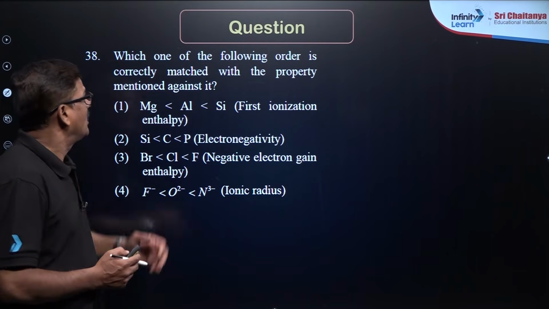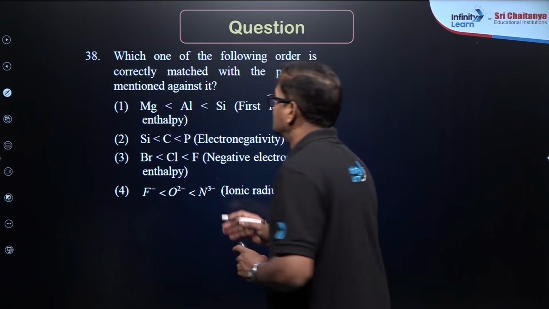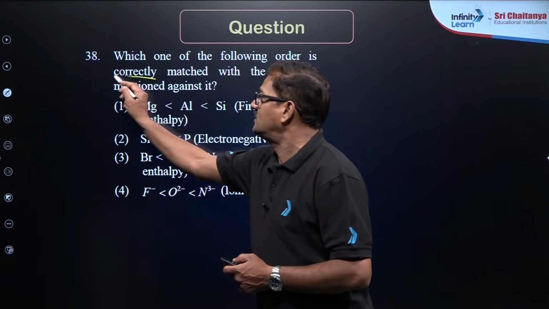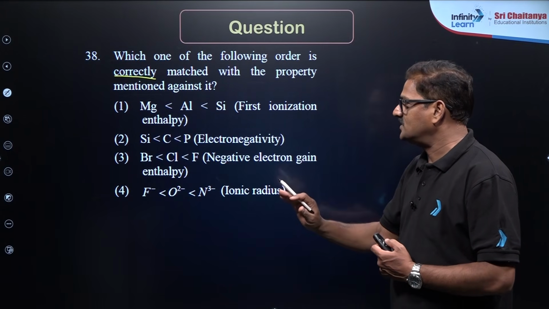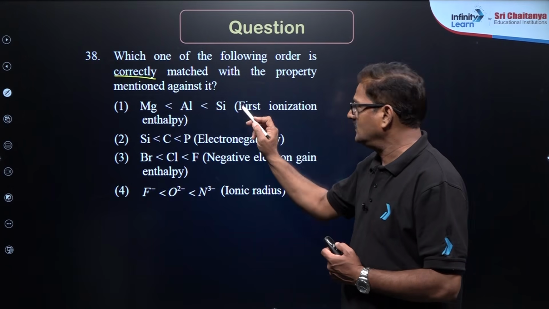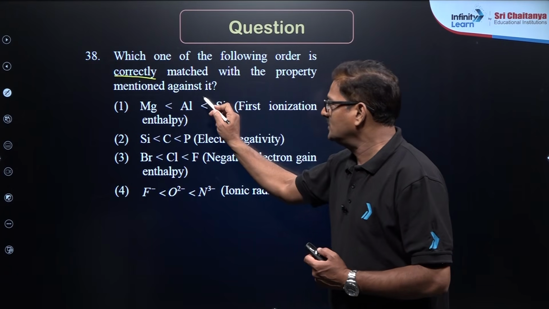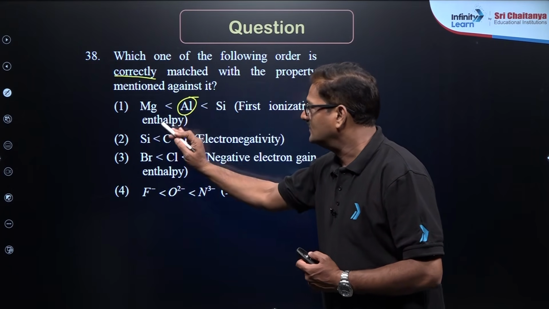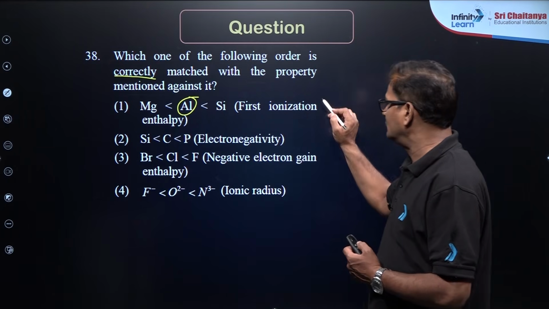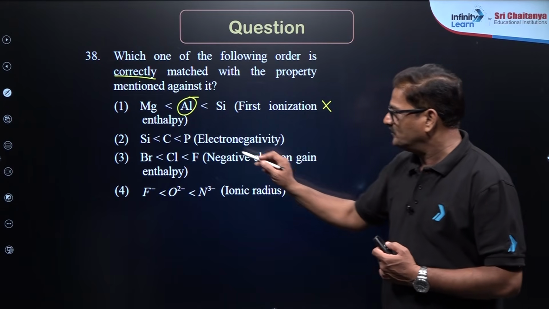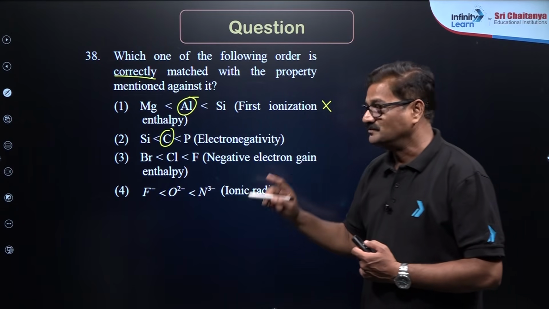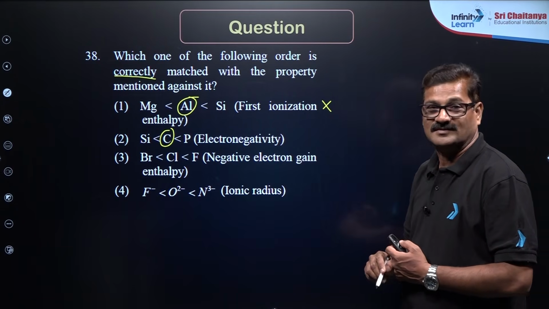Students, here is a question: which of the following orders is correctly matched? We have to check which is correct with the property mentioned. First, ionization energy: silicon is greater than magnesium is greater than aluminum. This is not correct. Electronegativity: carbon is greater than phosphorus is greater than silicon.